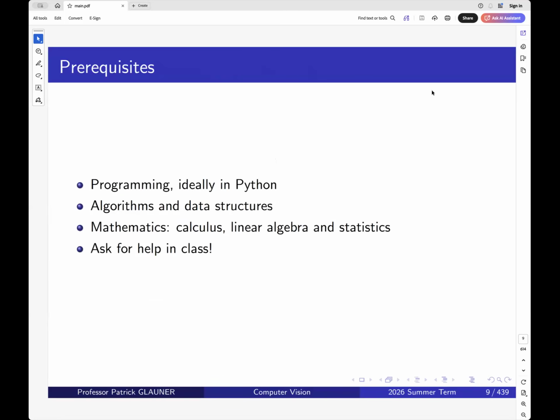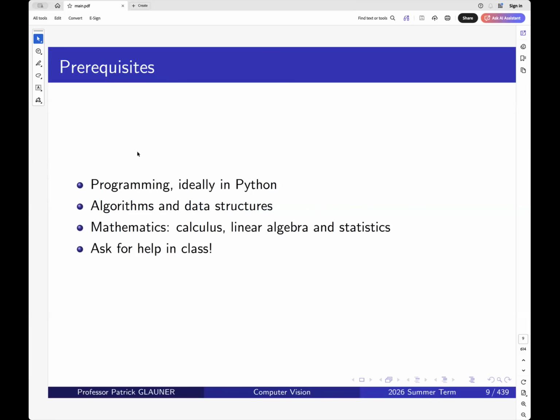Now, what skills do you need in order to take advantage of that course? You need a background, obviously, in mathematics. We'll use calculus, linear algebra, and statistics. You should know about algorithms and data structures because we're going to look into more complex algorithms, so you should know the foundations.